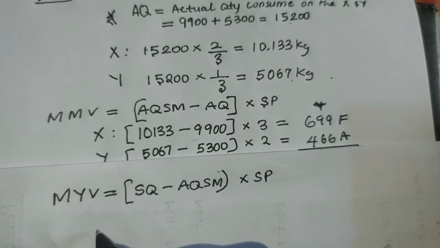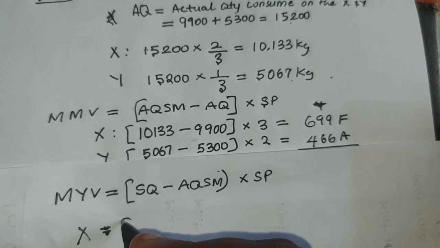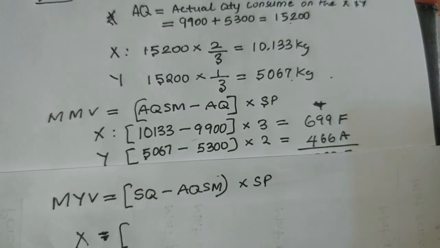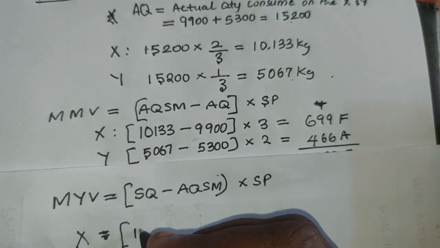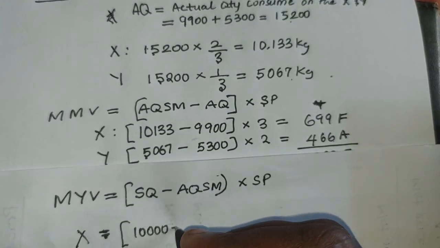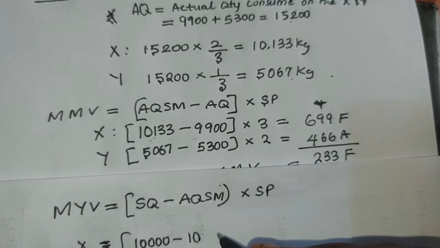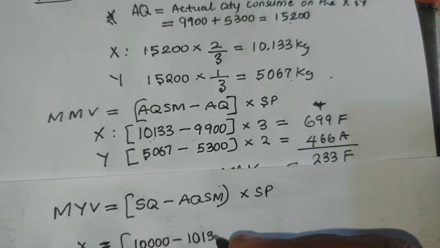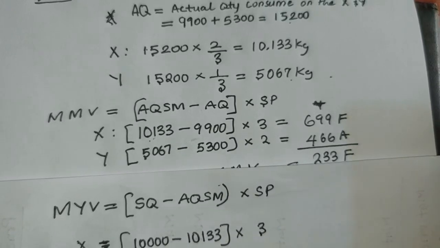So for X, our standard quantity of X is 10,000 minus the actual quantity in standard mix, which is 10,133, multiplied by the standard price, which is 3.